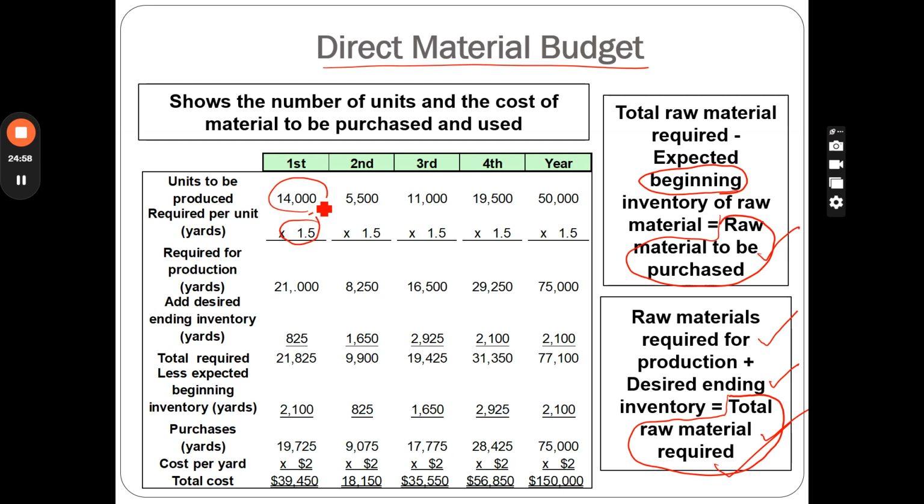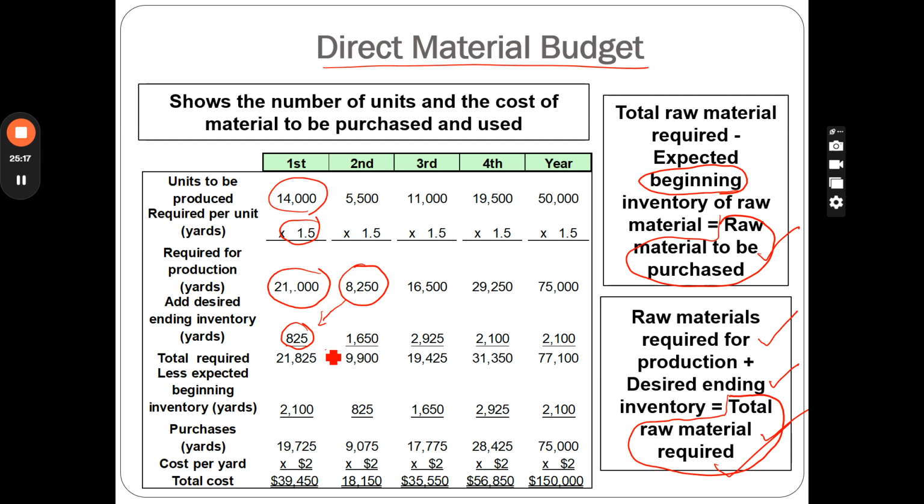So 14,000 units, you need 21,000 yards of material, and also I need 10 percent of the second quarter requirement.